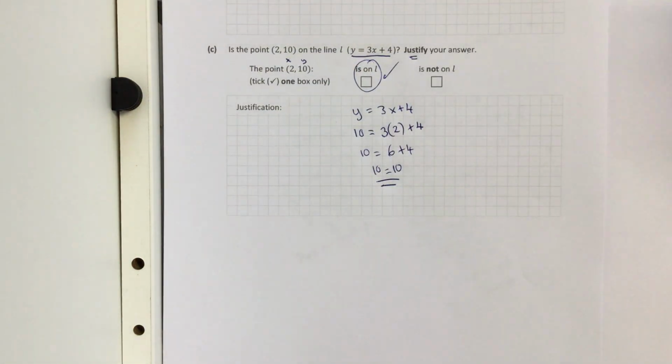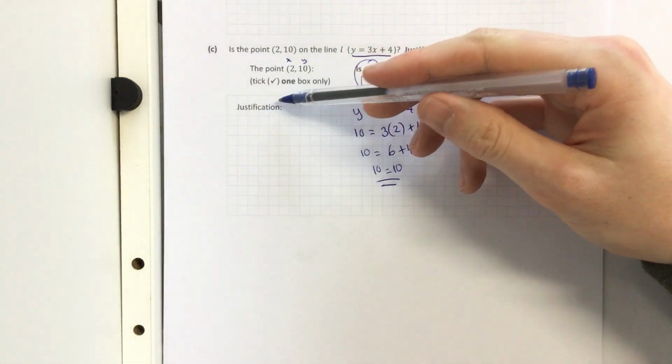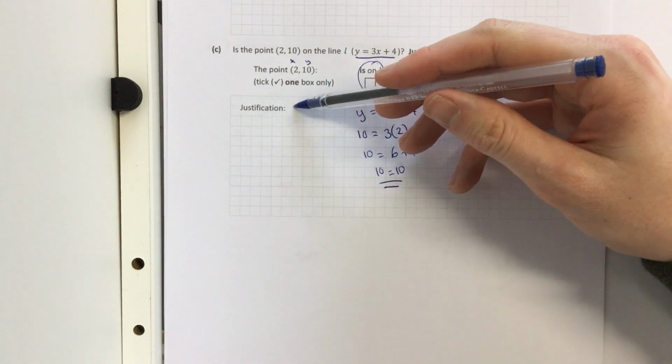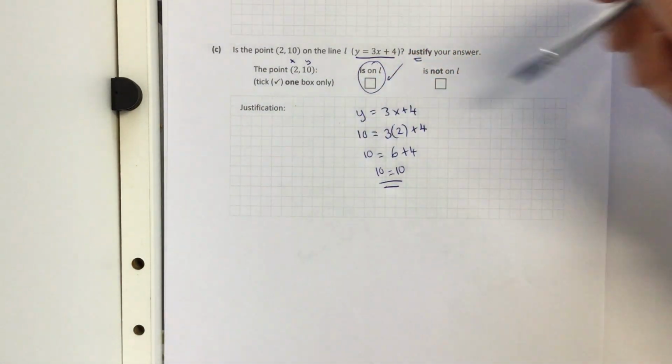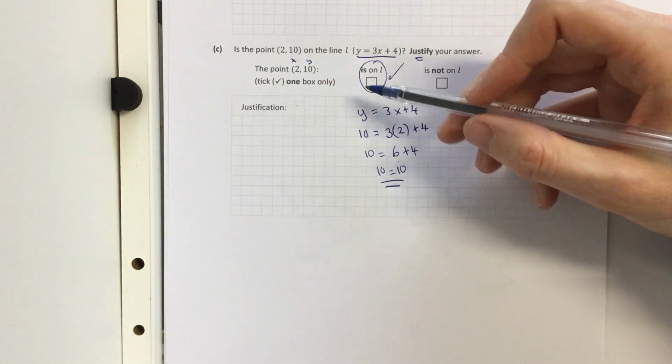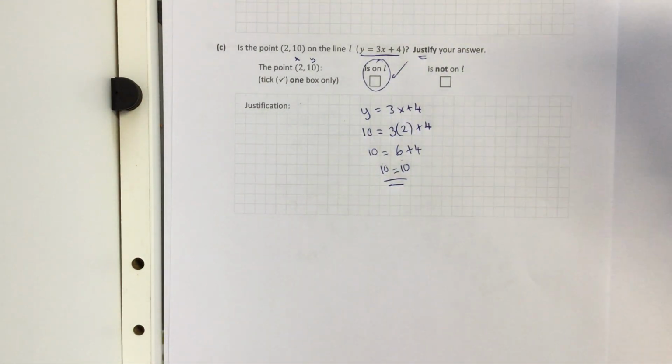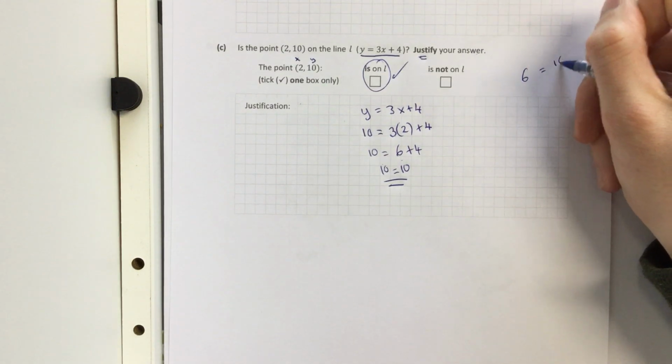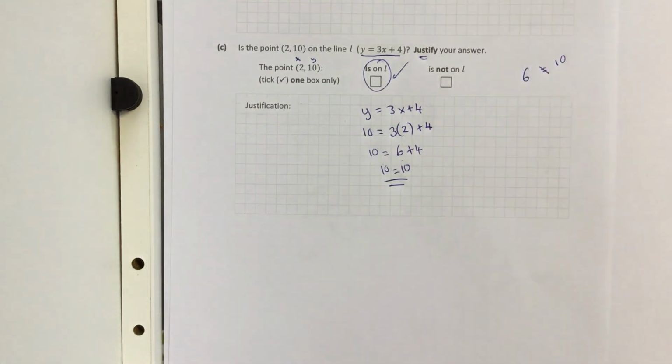Okay, and this justification, you've done enough here in justifying it through the maths. Rather than guessing, you have shown that 10 is equal to 10, therefore that means that this is on the line. If you had something like, for example, 6 equals 10, and 6 is clearly not equal to 10, so therefore it would not be on the line.